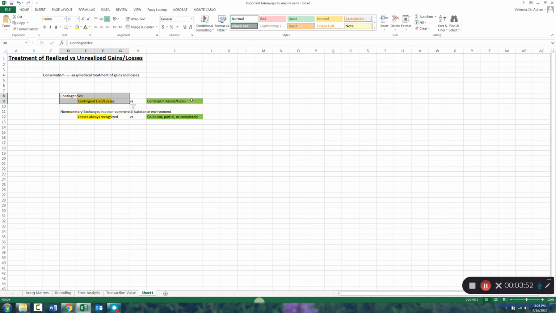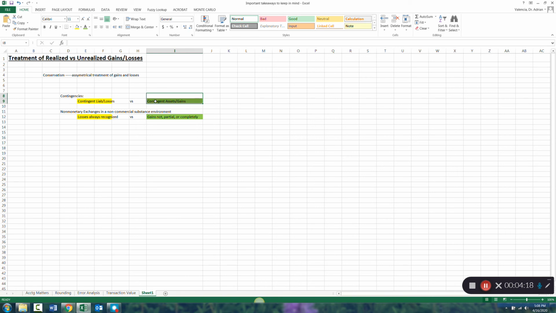So if you have a contingent gain, in other words, you have the potential to somehow receive assets in the future that will provide gains to you, and it could be that there's a high probability that this is going to occur, you're still not allowed to recognize those gains until you actually realize them. Okay, and it's like a tongue twister, right?